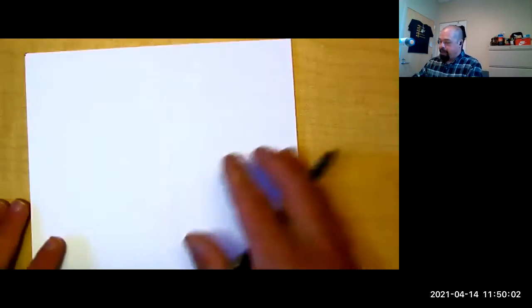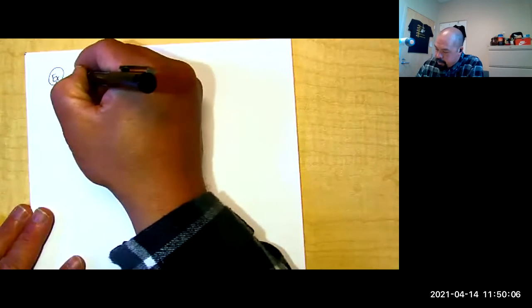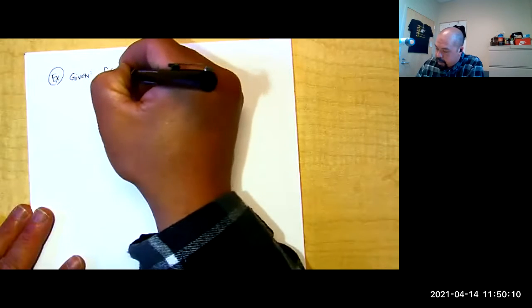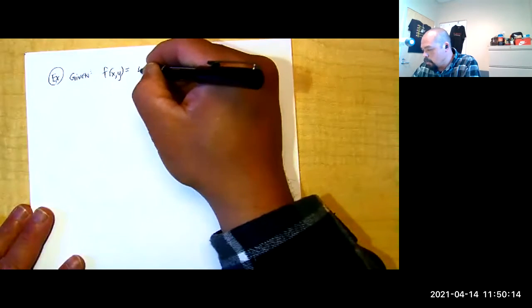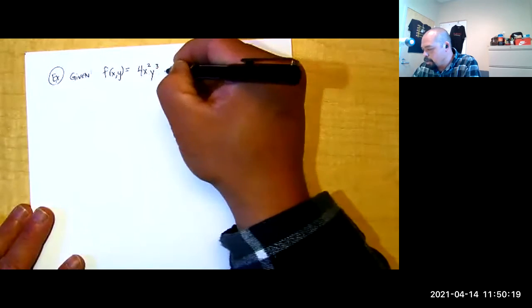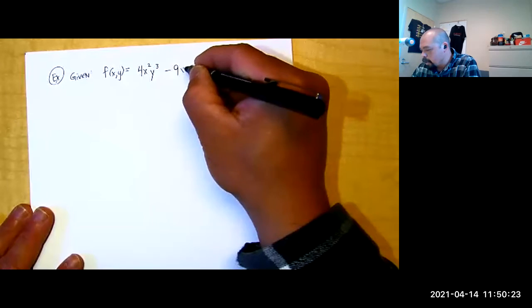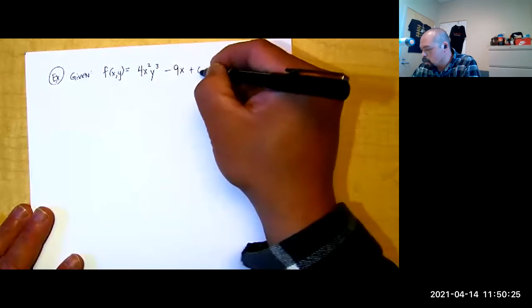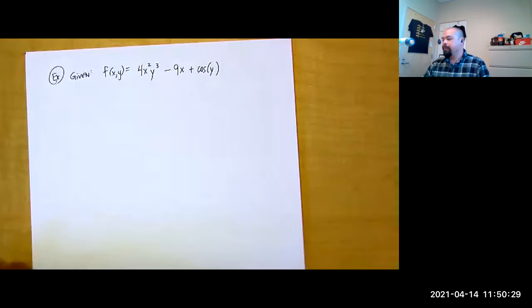So for examples here, let's say we're given the function f of x, y is equal to 4x squared y to the third, minus 9x, plus cosine y.